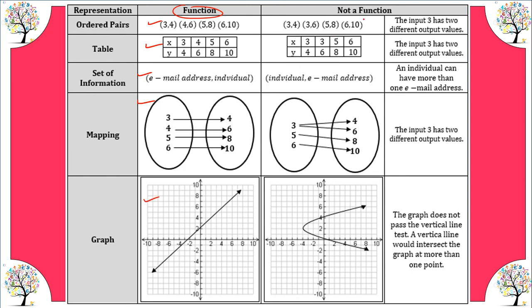Then we have things that are not a function in the same representations. And then I have listed out what makes each of these relations not a function. So remember, everything on this page is a relation, but then we have some relations that are functional and some that are not. To be a function, each input can only have one unique output. And I hope this helps.